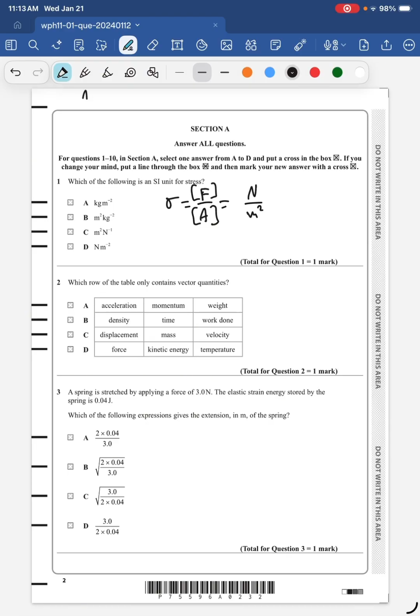In fact, 1 newton is 1 kilogram times meters per second squared. How do we know that? Because force is mass times acceleration. So the units for force, which are newtons, are equal to the units for mass, which are kilograms, and the units for acceleration, which are meters per second squared.